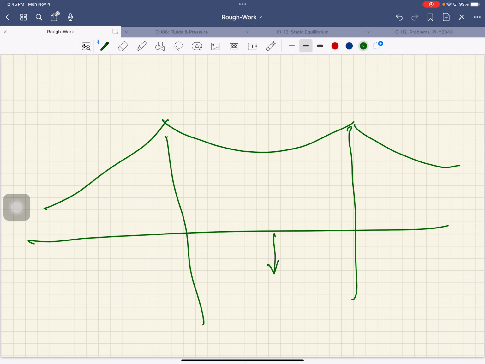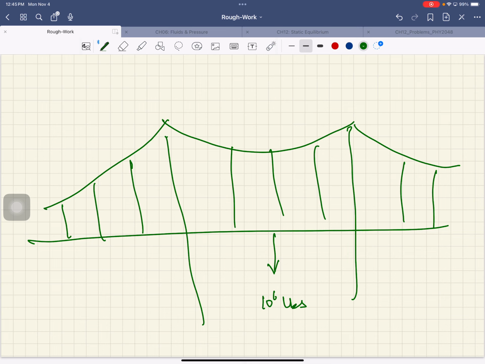Let's say you want to support 1,000,000 pounds. You put together a bunch of cables. If you put together 100 cables, each cable is supporting 10,000 pounds.